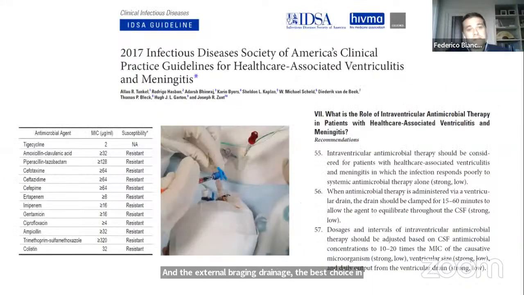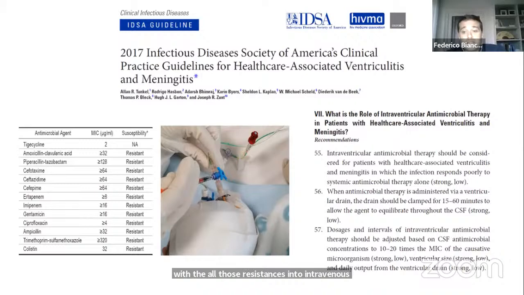In 2017, guidelines were published on the treatment of healthcare-associated ventriculitis. As you can see, whenever you have to deal with microorganisms with all those resistances, intravenous antibiotics might not be sufficient.